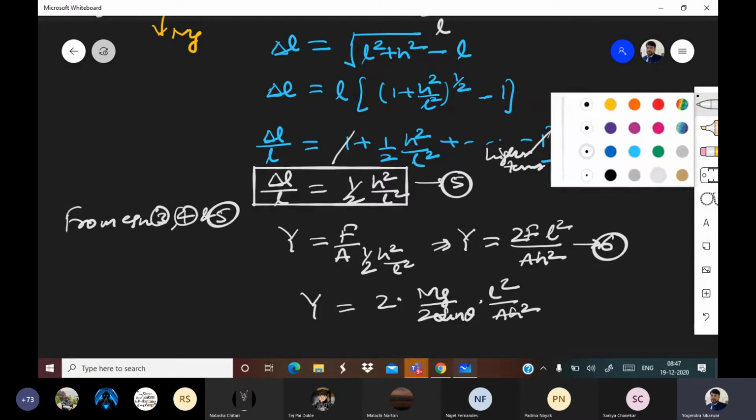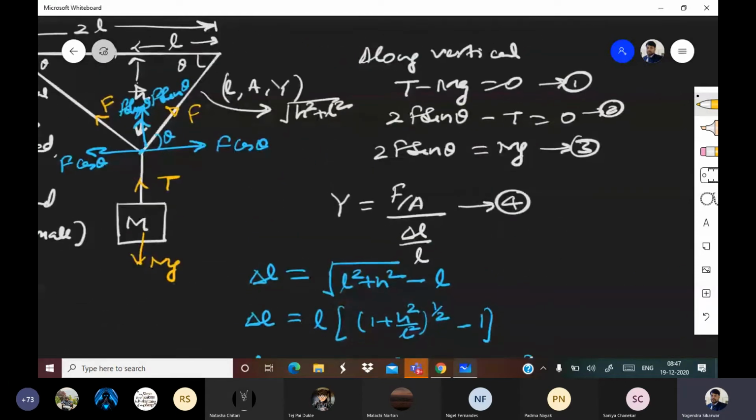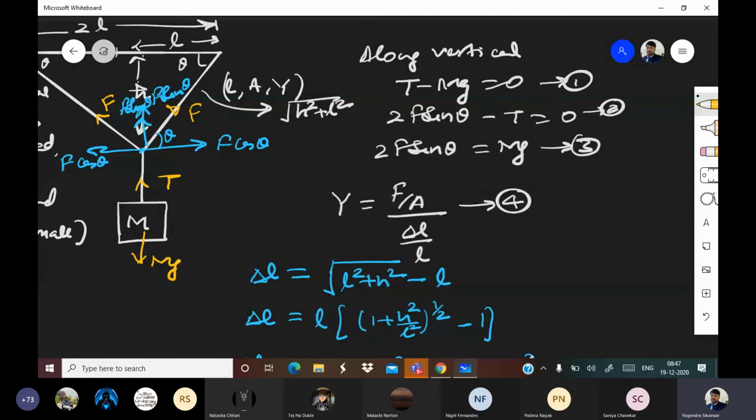So this 2 will get cancelled. Now, we know when theta is small, sin theta is equal to tan theta is equal to theta. Then tan theta is what? Perpendicular upon base, so h by L.